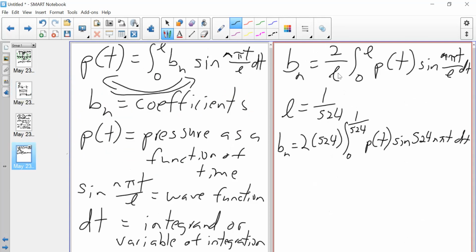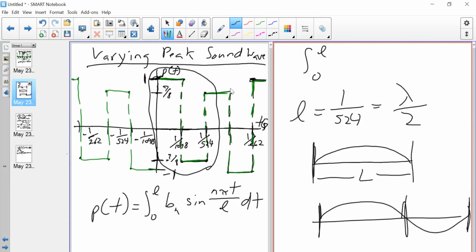Remember, we have 2 over L. There are 2 regions for 2 over L: the upper peak at 1 and the lower peak at -7/8. So that entire integral is made up of 2 parts, this upper part and this lower part.